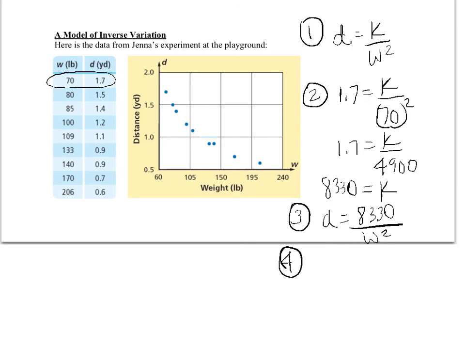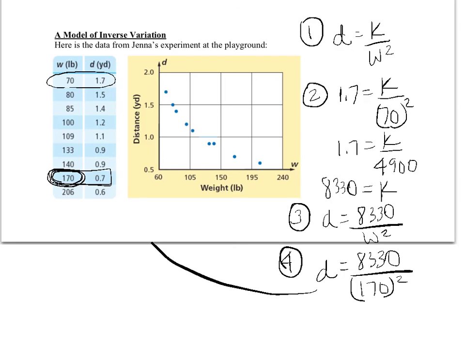And step 4, I'm going to use another set of points. This time we'll use 170, 0.7, just for something different. But I'm only going to use the 170. So I'm going to say D equals 8330 divided by 170 squared. And I should get, for my D, an answer of 0.7.